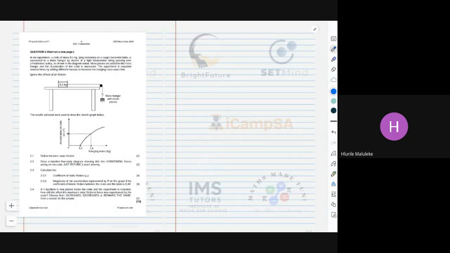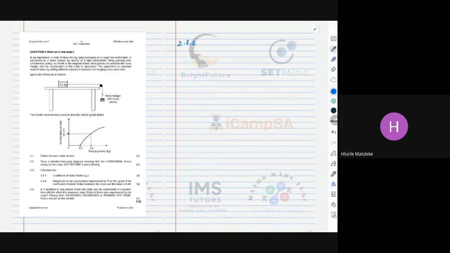So now we are in 2.3.2. Now they are asking us, calculate the magnitude of acceleration represented by y on the graph if the coefficient of friction between the crate and the table is 0.4.